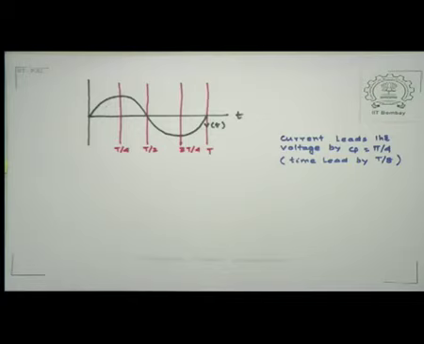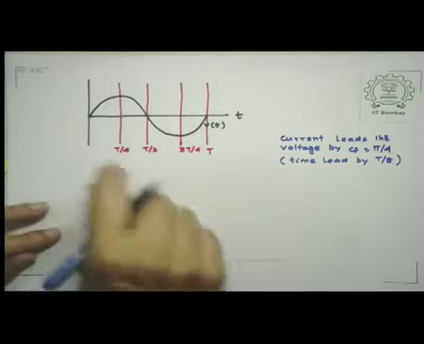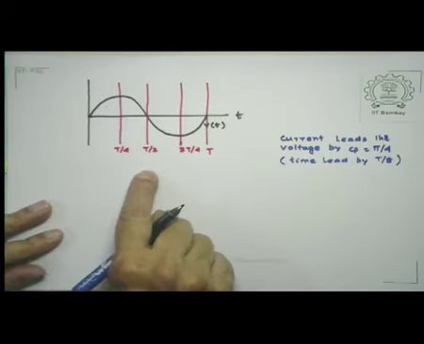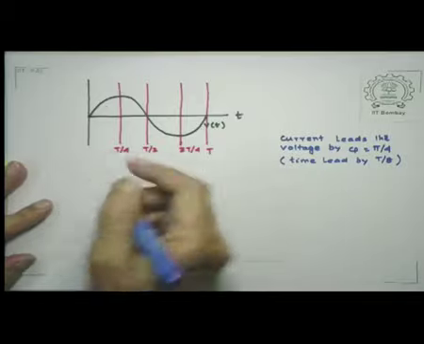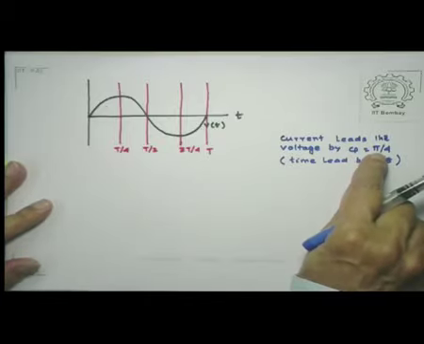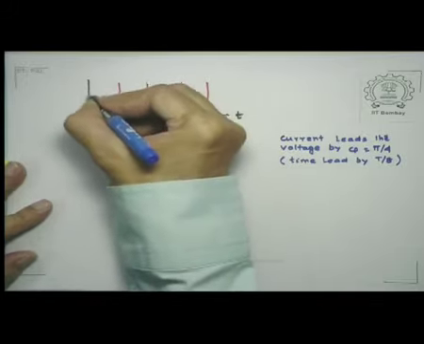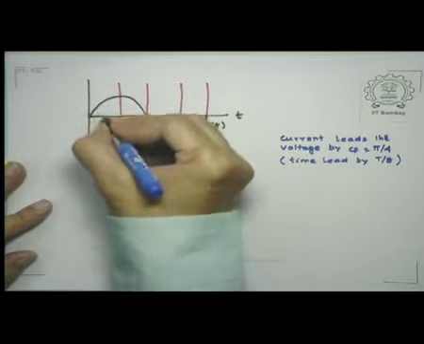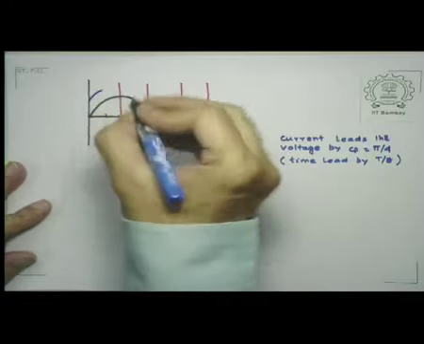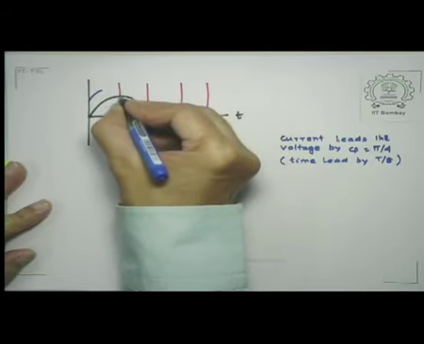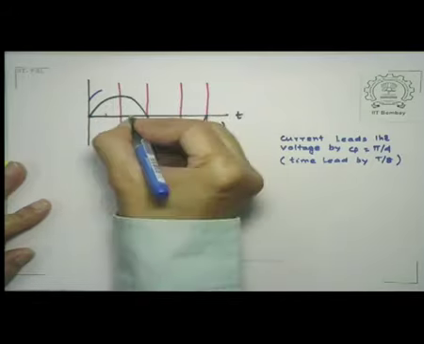Now if in the same diagram I plot the current, now remember, unlike the pure capacitive case where the current leads the voltage by a full pi/2, in this case the leading is by pi/4 only. So therefore it hasn't quite reached the maximum, but is going to take another T/8 time before it reaches the maximum. So the current is probably something like this, and it will also naturally not quite become 0 when the voltage is maximum, but you will have to wait for another T/8 time.